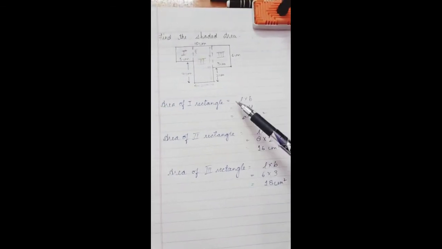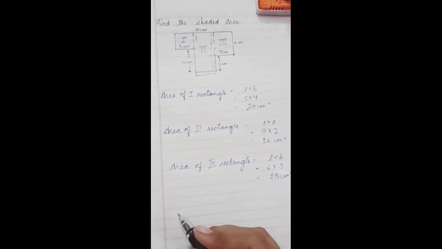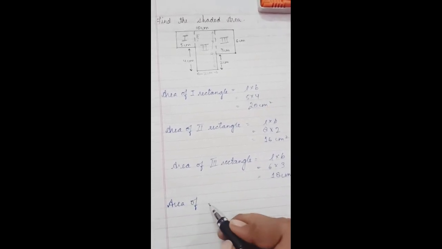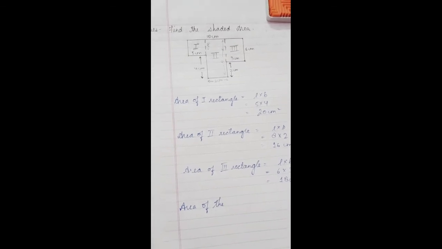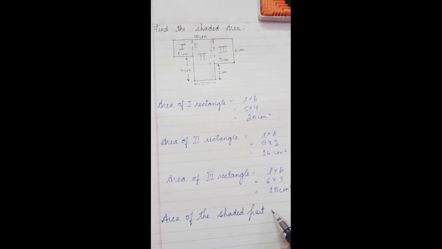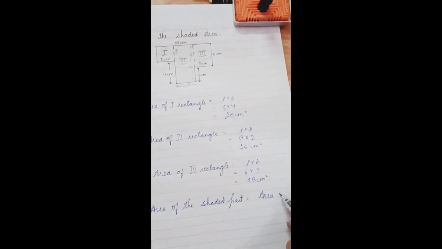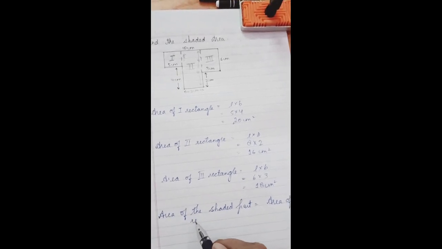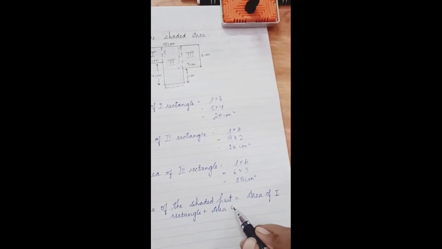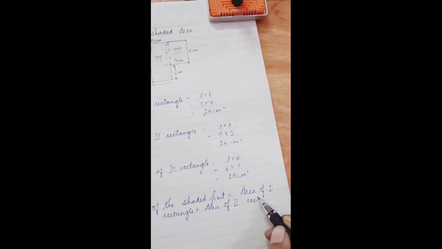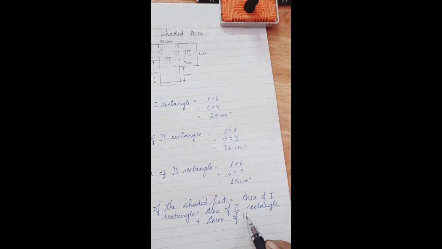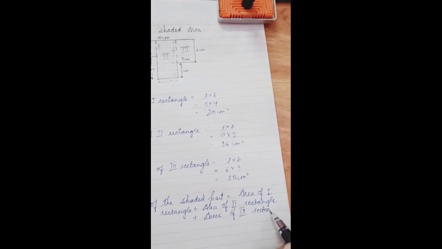Now we add all three areas. Area of the shaded part is equals to area of first rectangle plus area of second rectangle plus area of third rectangle.